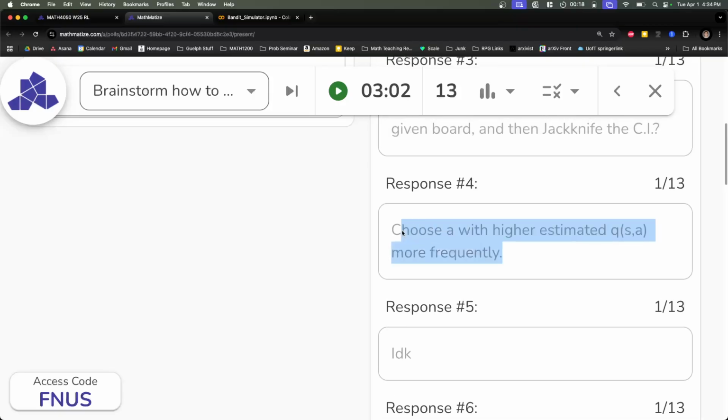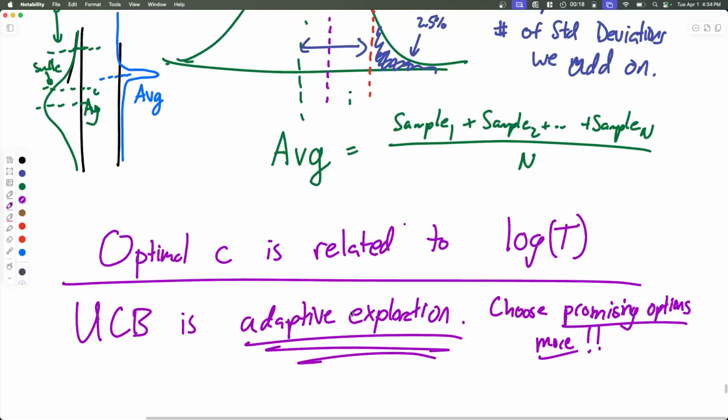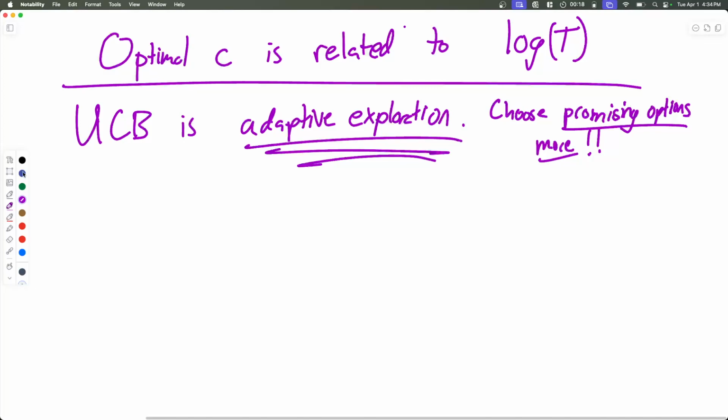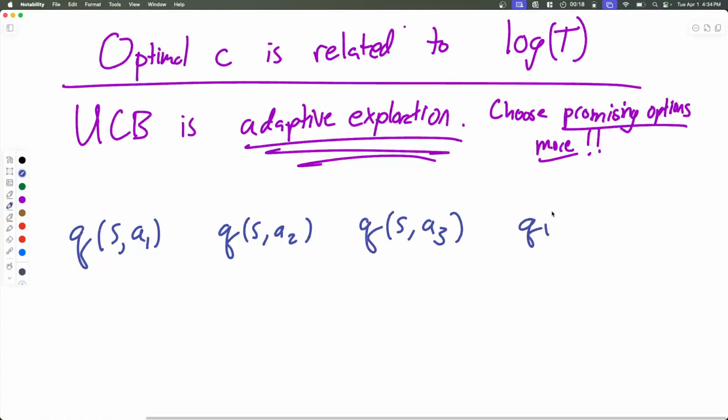Okay, so let's go back to this one, which I think is the clearest setting of what I want to get into: choose actions that have a high Q value more frequently. So this is the idea, right? Our network outputs Q of S,A: Q of S,A1, Q of S,A2, Q of S,A3, Q of S,A4. And again, in your final project, the reason there's no Q value is because it's baked into the value function.